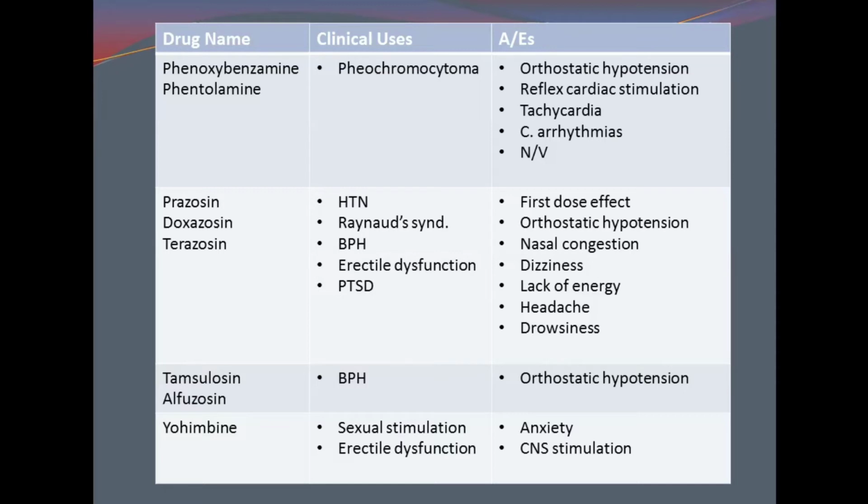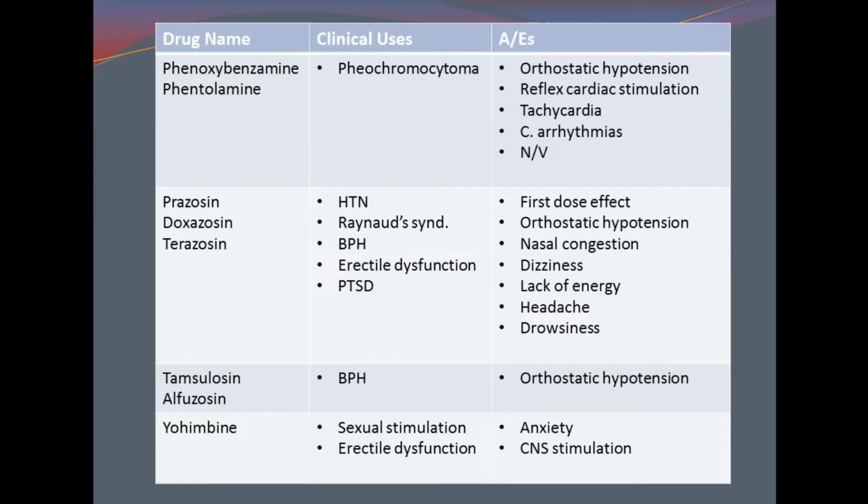Raynaud's syndrome is associated with spasm of the arterioles, leading to bluish occurrence in the nails, toes, nose, and lips, and it is usually seen in stress condition and also in cold weather.